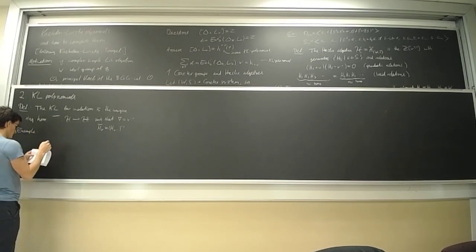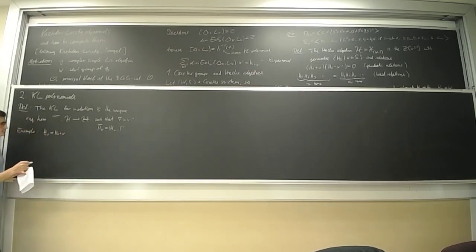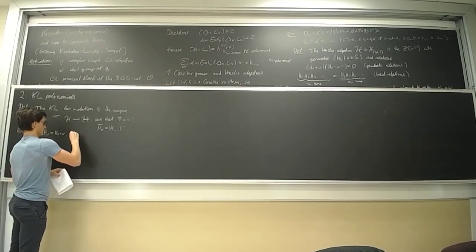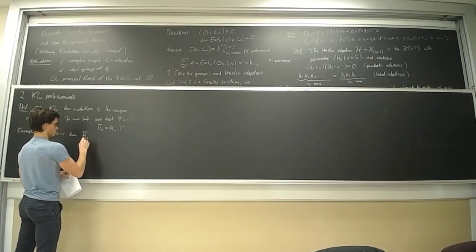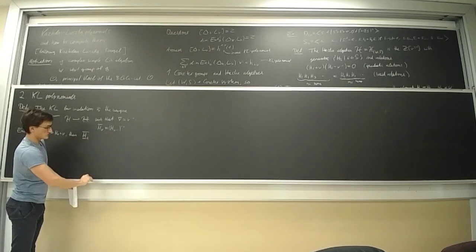Namely, if you look at the element h underline s, which is just H_s plus v, then we can compute the bar involution as follows. So s is its own inverse because s squared is equal to 1. So we need to take the inverse of H_s.